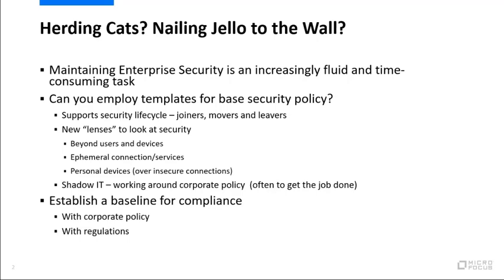In other words, people are finding new and interesting ways to work around corporate policy or restrictions that get put in place just so they can get their jobs done. Right. I don't think most of the time it's for an evil purpose. Most of the time it's, how quickly can I get somebody a file or something? But you have to be aware of that, and policy has to accommodate for that.